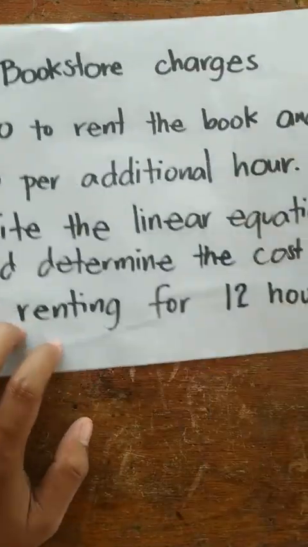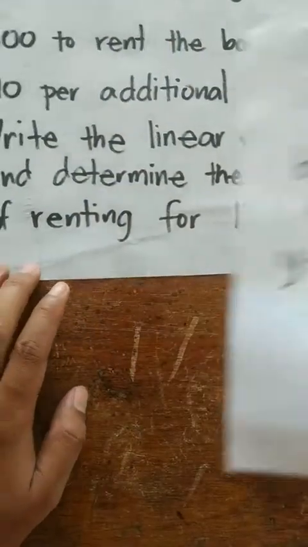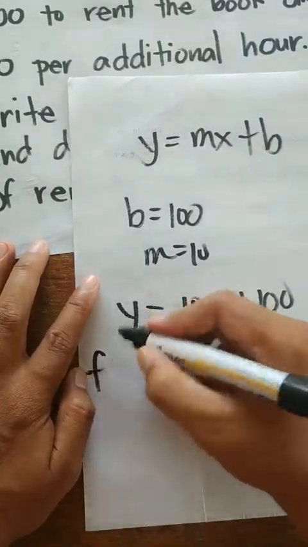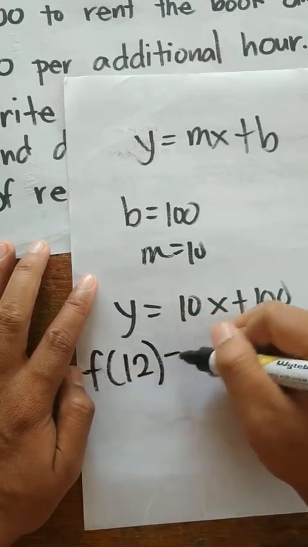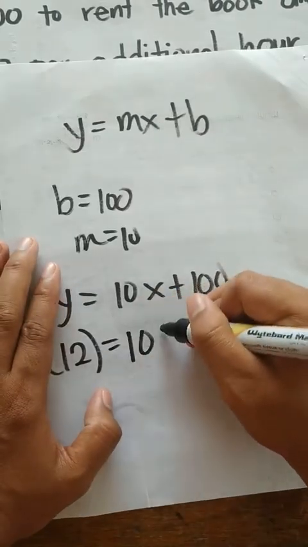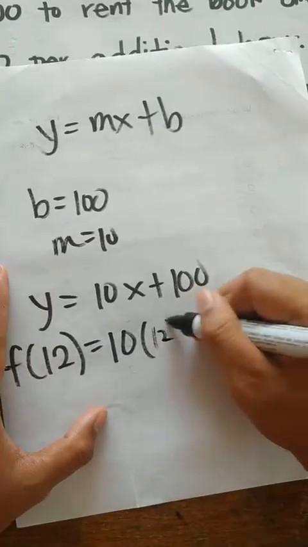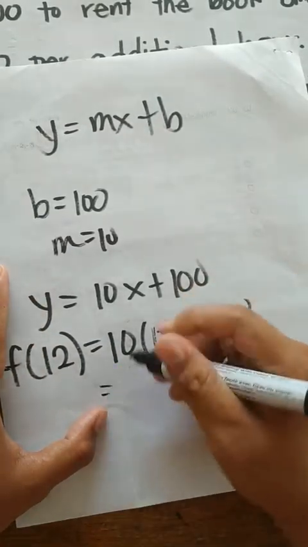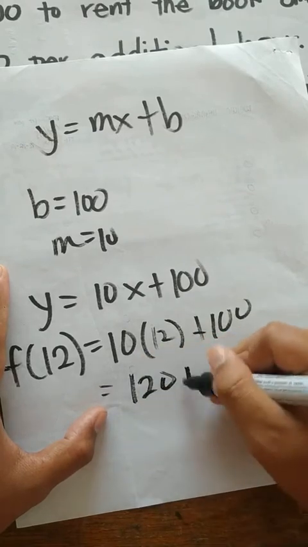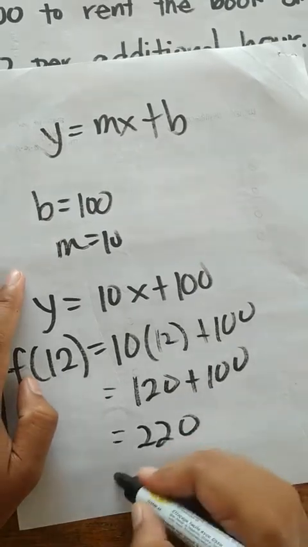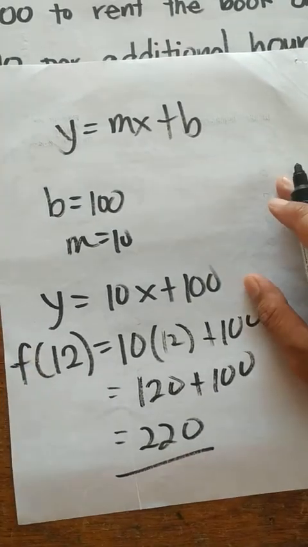It says to determine the cost for renting 12 hours. So 10 times 12 plus 100 would be 120 plus 100, which gives us 220 pesos. That's it.